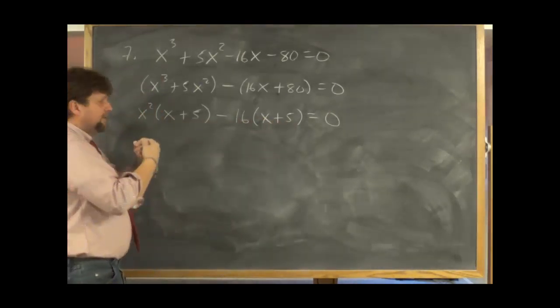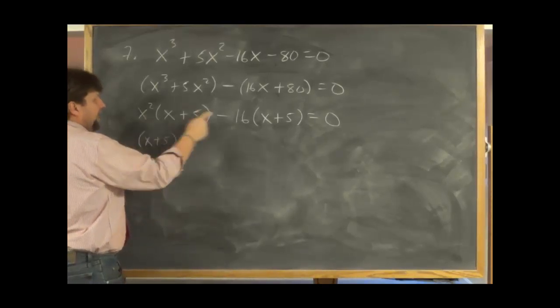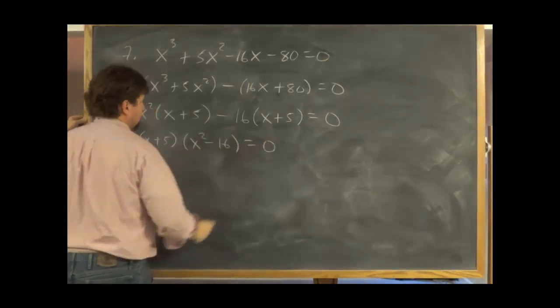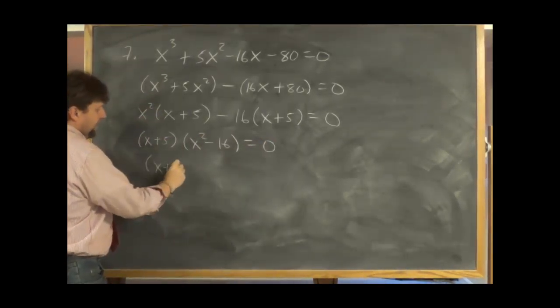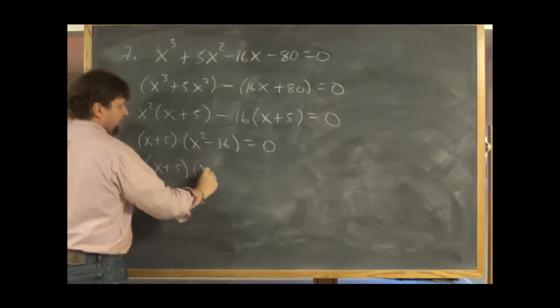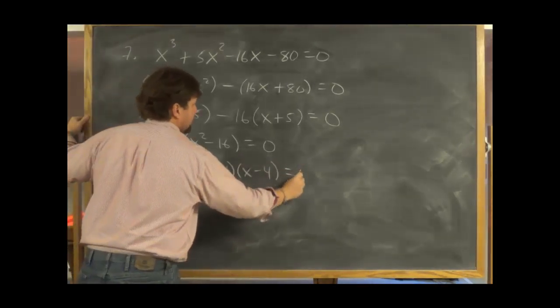So I can factor out the x plus 5, and I'm left with x squared minus 16. And hopefully you all remember that x squared minus 16 is a difference of two squares, and that factors to x plus 4 times x minus 4.